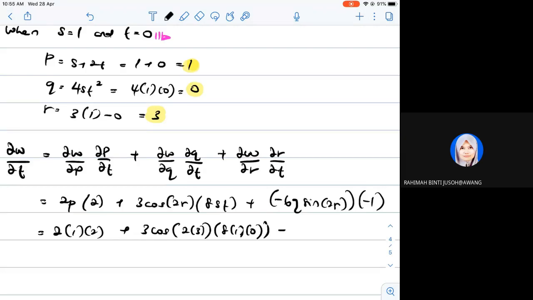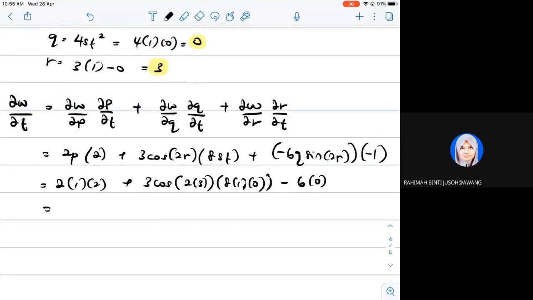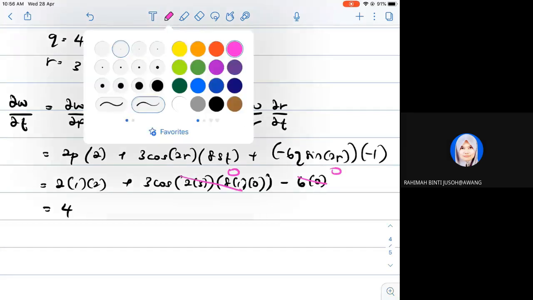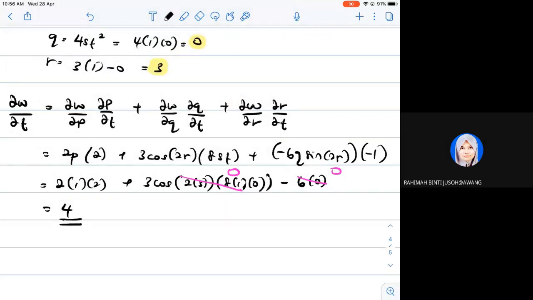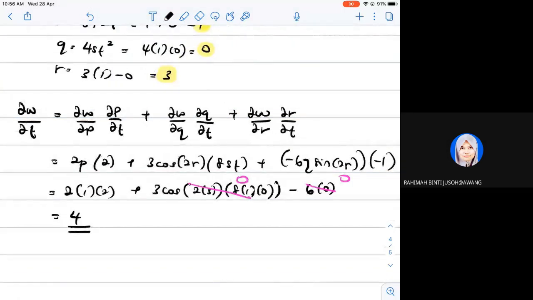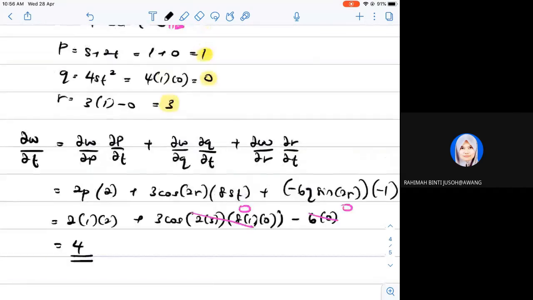Minus 6Q. Q is 0. So this is all 0. Okay, so we have 4. This one is also 0, right? Because 8 times 1 times 0, multiplied with cos, becomes zero. So zero, this one zero. So the answer is 4. Okay. So in this case, if you are given the values of the variables, you need to substitute the values. Okay. Understand guys?